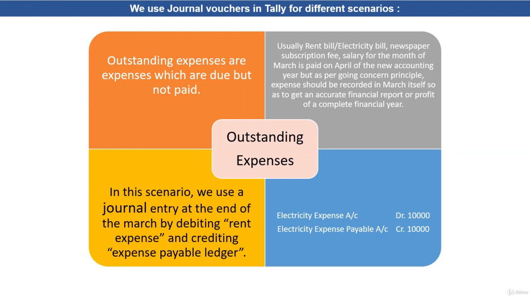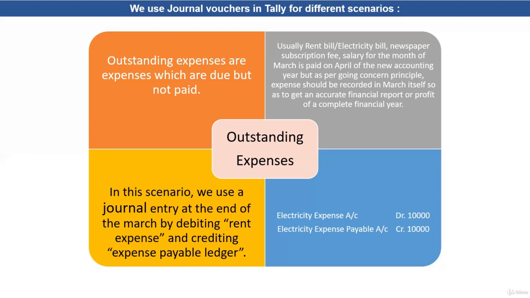So as to get an accurate financial report or profit for a complete financial year, we have to post these entries in the journal voucher, as these are generally called adjustment entries, entries booked for that particular year.